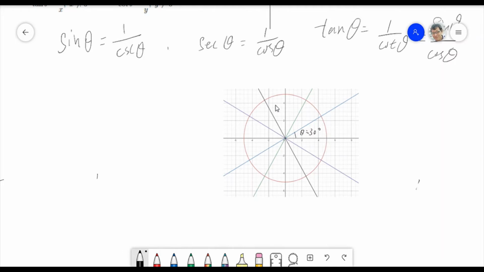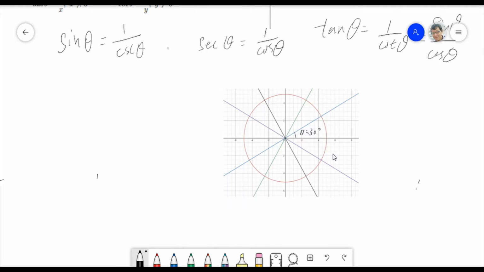Now what we have talked about is based on the anticlockwise direction. How about clockwise? If you go clockwise, you have to use a negative angle. Let's draw here to make this clear.